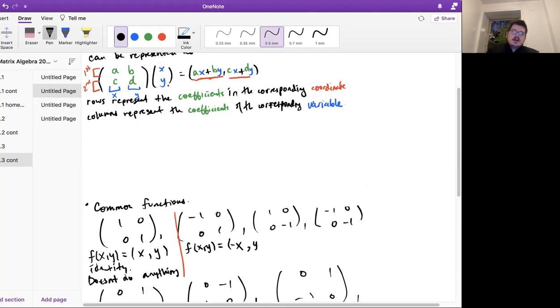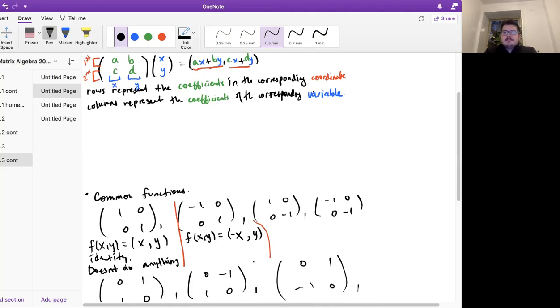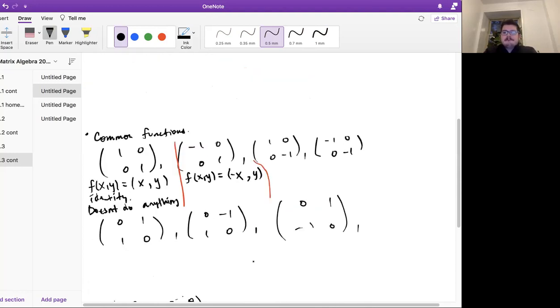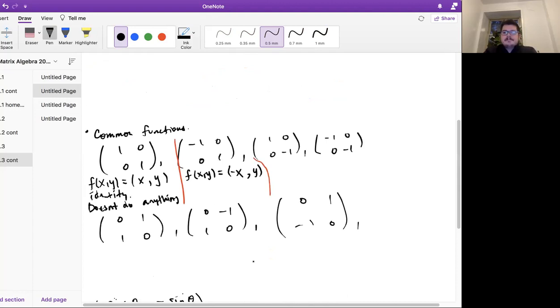Does anyone remember what this function was? What's the function that takes an xy? Right, it's a y-axis reflection.